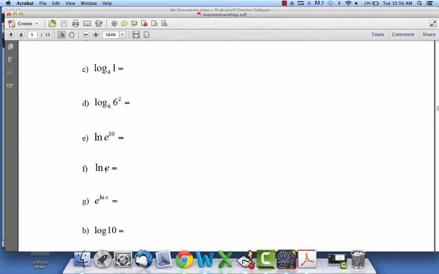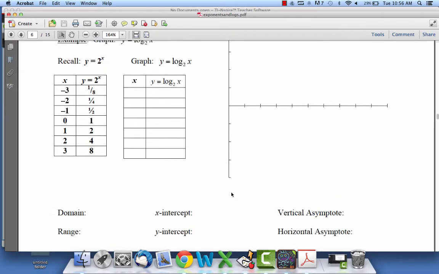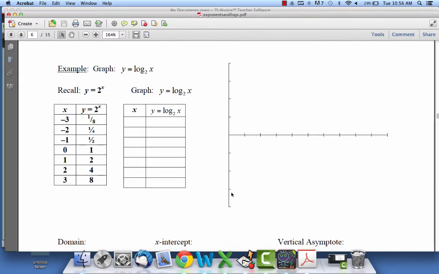Natural log of e, 1. Because remember, if the base and the argument are the same, it's 1. e to the natural log of x, x. Log, since it's base 10, of 10, that's 1.